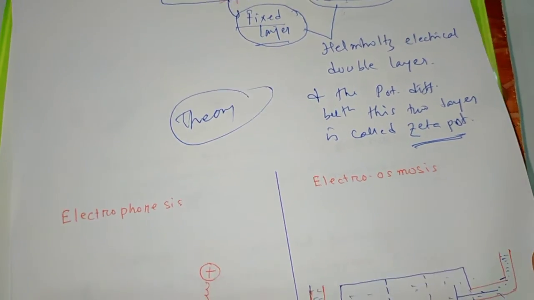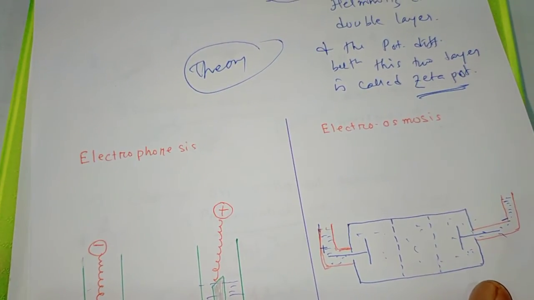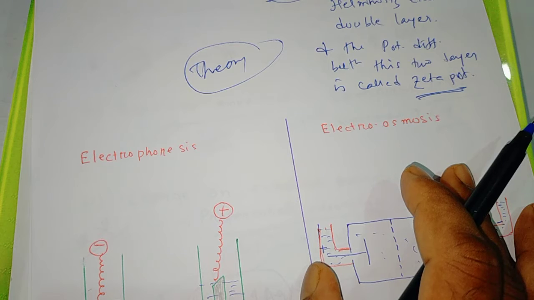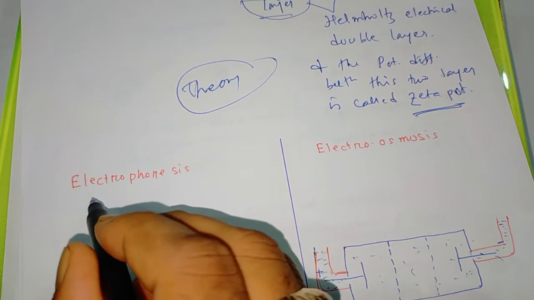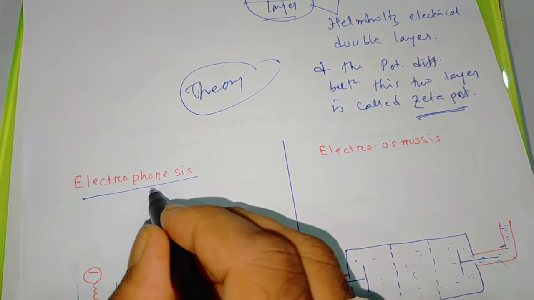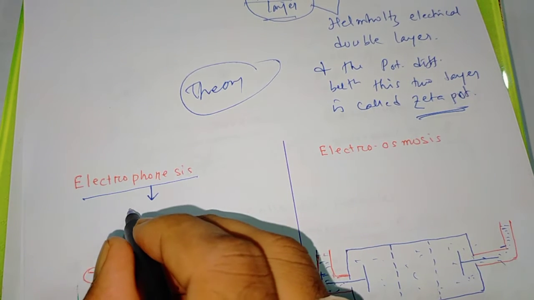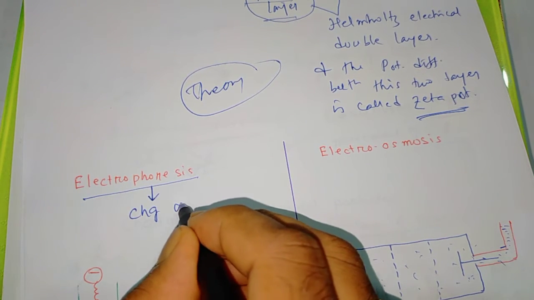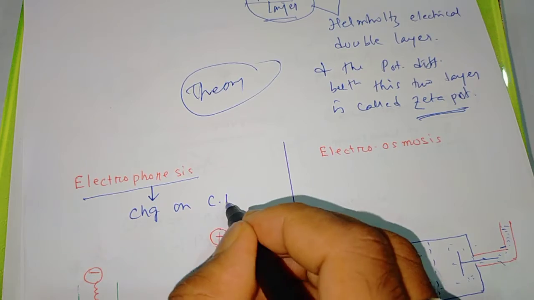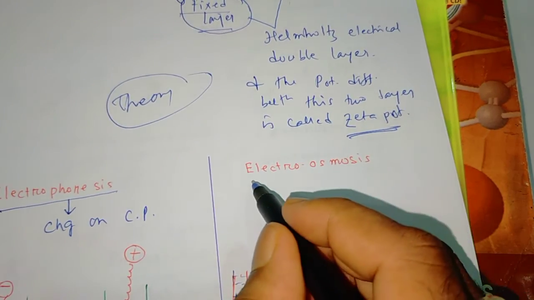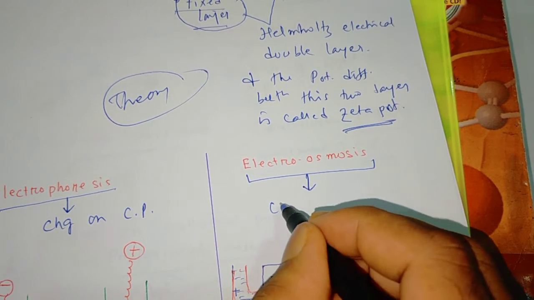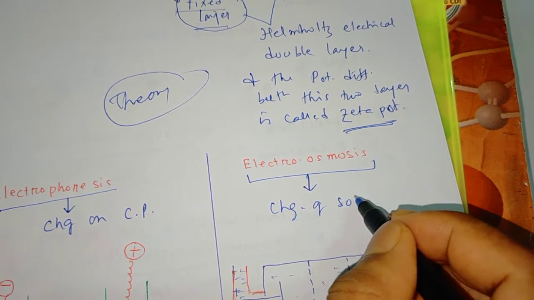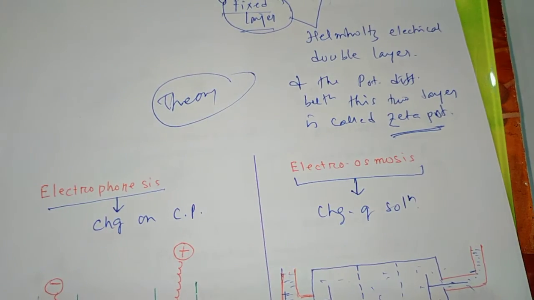So this theory is experimentally proved under the next two headings. One is electrophoresis, which proves that there is charge on colloidal particles, and electroosmosis, this one proves that there is charge on the solution.